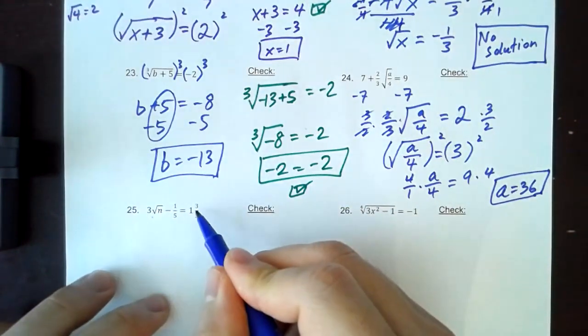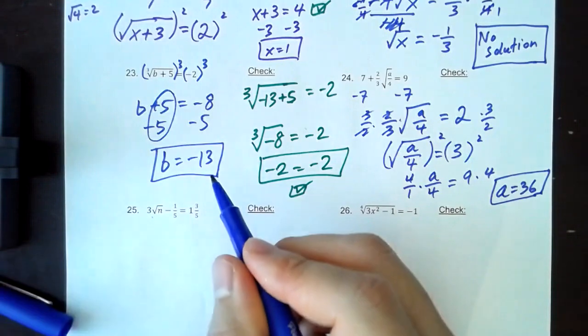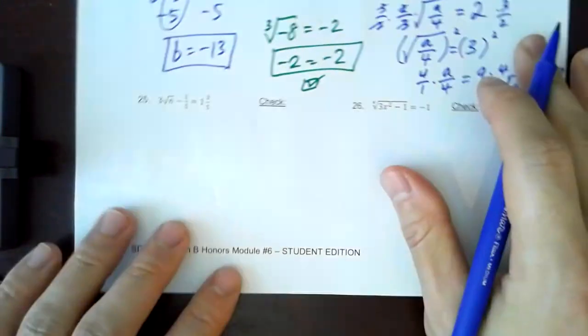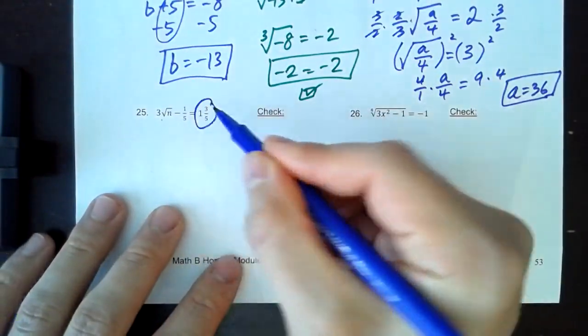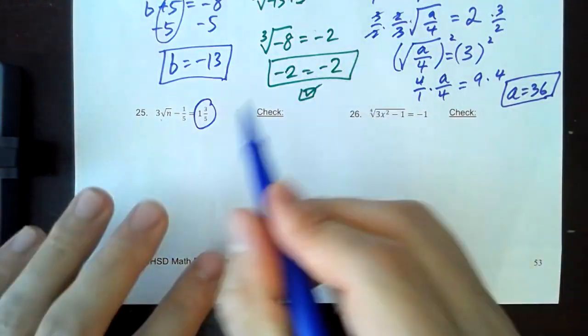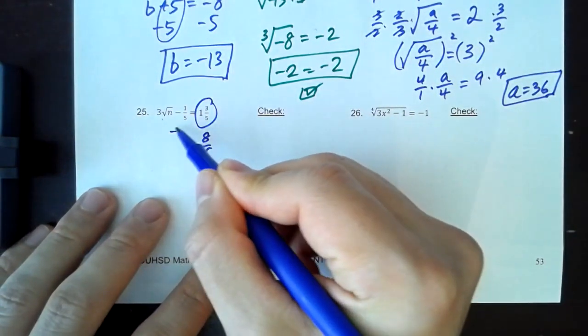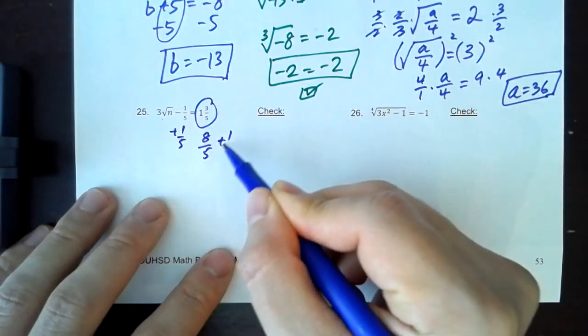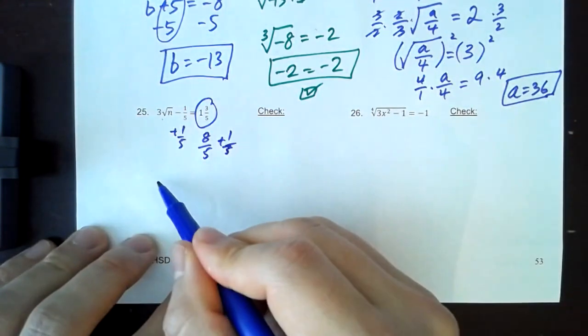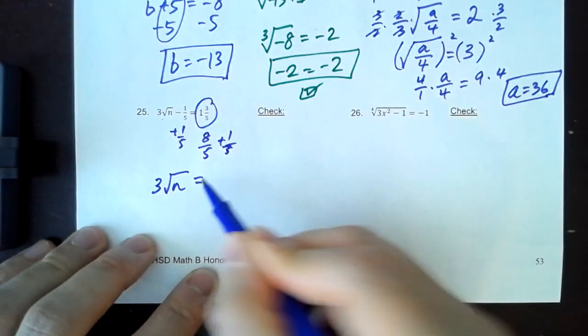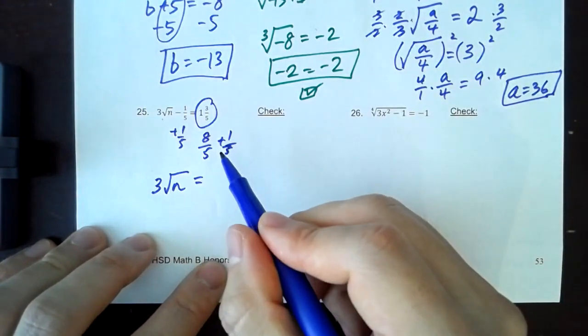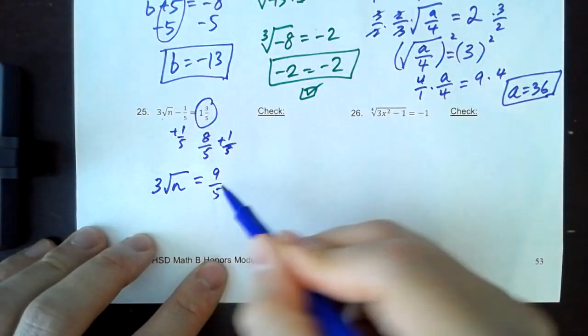Okay, so here I get 1 3/5. I just don't understand why this would be a mixed number, right? So let's just change this immediately to 8/5. And let's also add 1/5 to it. So then you get 3 square root of n is equal to 9/5.